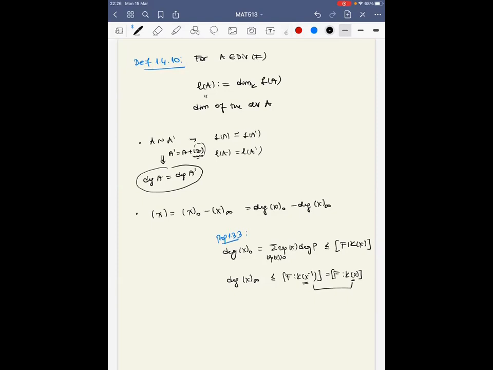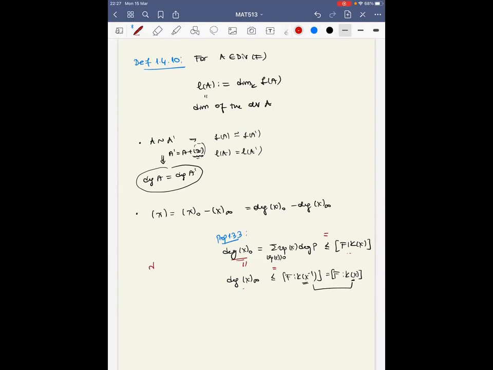And now in the next theorem, we will prove that instead of an inequality, we will have equality between the degrees of the zero and pole divisors and the extension degree. And we will see that the degrees of the zero and pole divisors are the same.